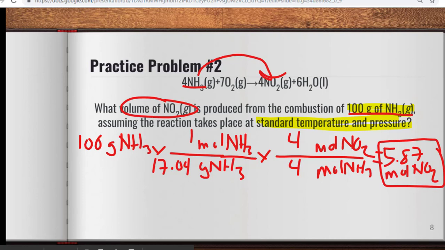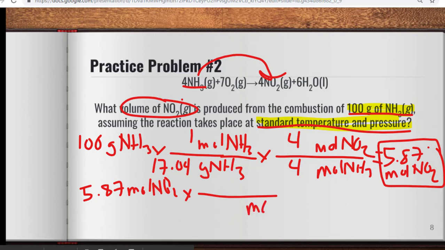Now that we have our moles of NO2, we can then use 1 mole equals 22.4 liters, since we're at STP. We have moles, and we're looking for volume. So we're going to take 5.87 moles of NO2.